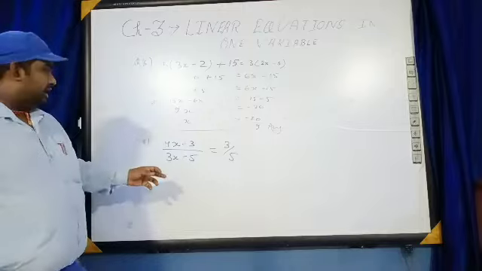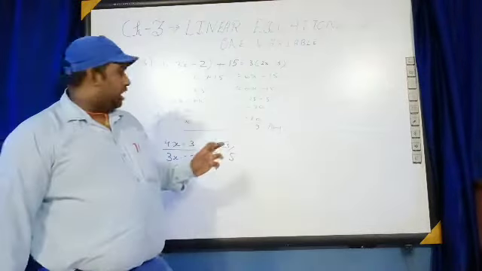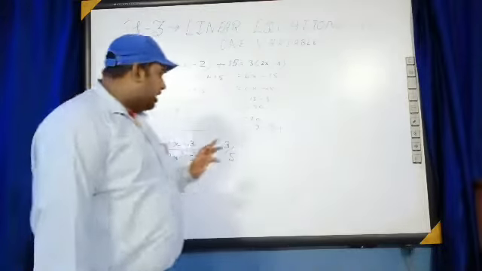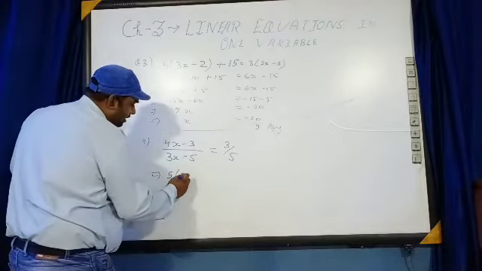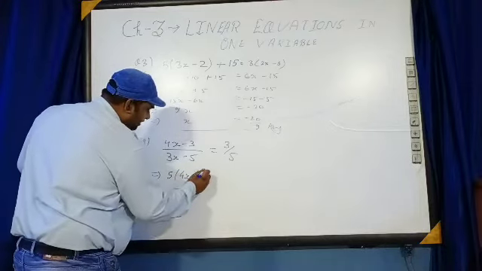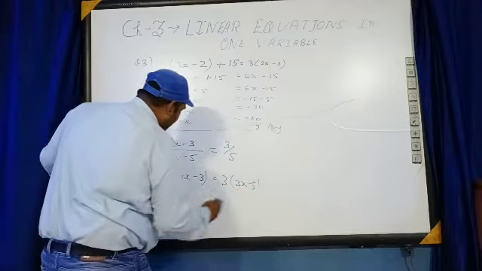What will you do here? Look here, students. We will apply the formula of cross multiplication. We have one process, that is cross multiplication. Here 5 will come with (4x minus 3), and 3 with (3x minus 5).